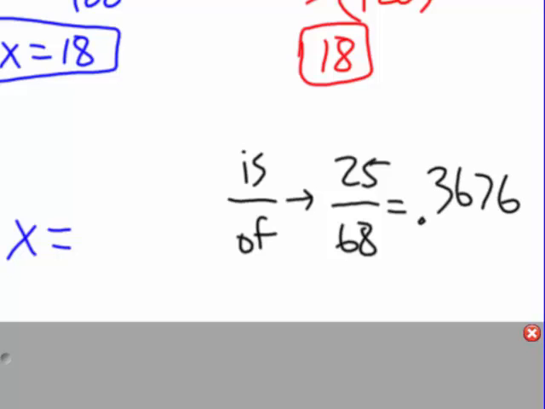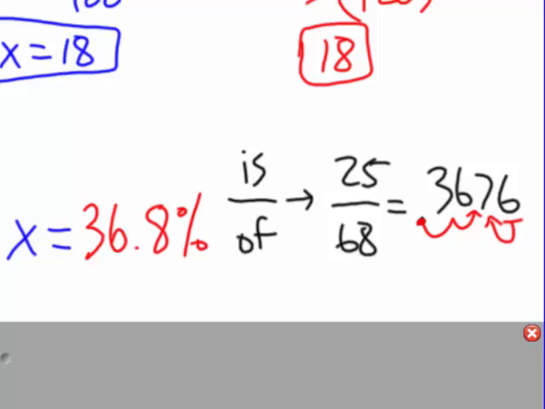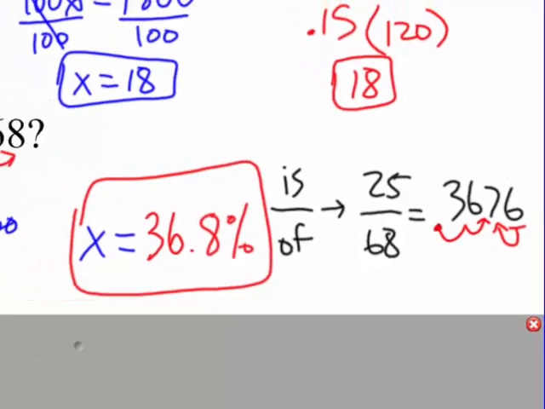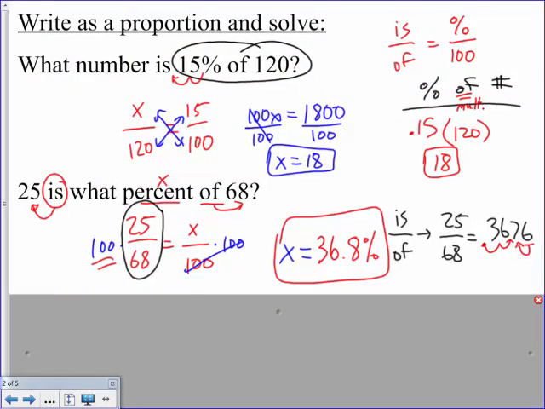Well, we multiply by 100 to change it to a percent, which really, if you want to change any number to a percent, we just move it 2 decimal places to the right. So it's really 36 point, round to the nearest tenth. The 6 tells me to round up the 7. So 36.8. And don't forget your percent sign, right? Let me repeat that. Don't forget your percent sign. So there's a couple of quick tricks, as you notice on the right side, when you find a percent of a number or you find an actual percent, or you can always use the percent proportion.